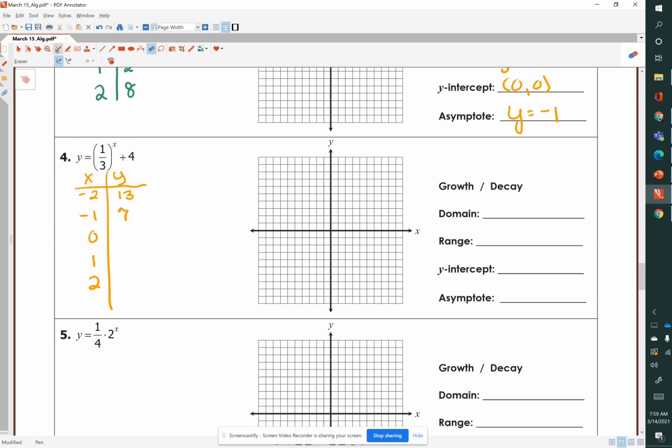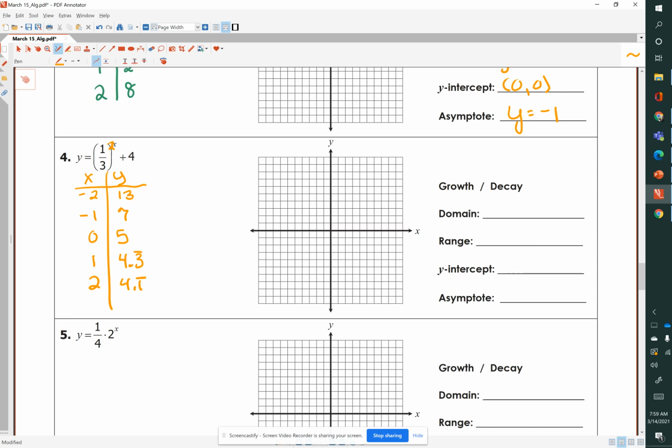When I evaluate this function for 0, y equals 5, because 1 plus 4 is 5. When I evaluate this function for 1, it comes to a rational number, 4.3. And when I evaluate this function for 2, the function equals 4.1.